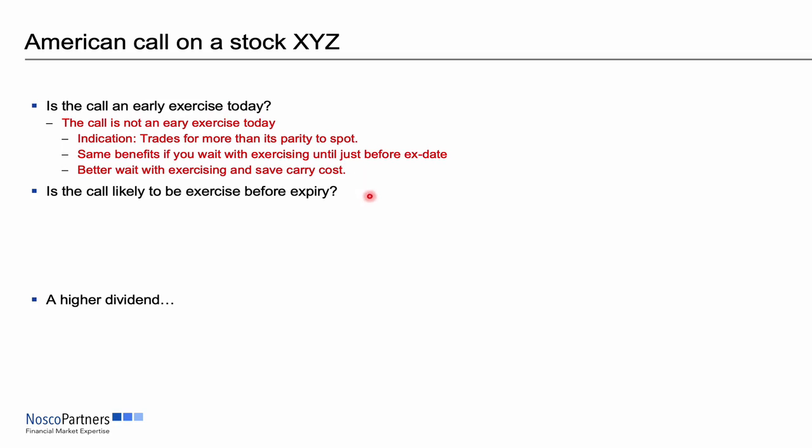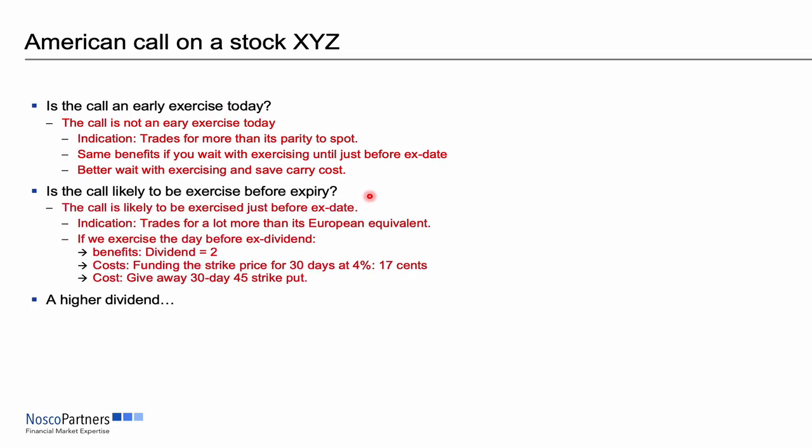But is the call in general a candidate for early exercise? Let's briefly make the calculations. The benefit of early exercising is the dividend. The dividend in that situation is $2, so I get $2.